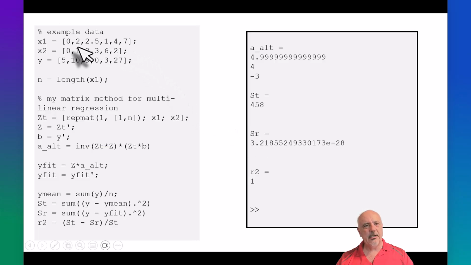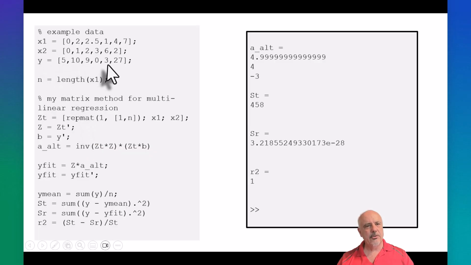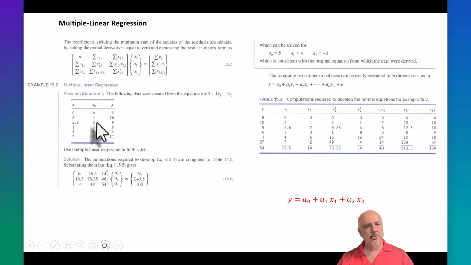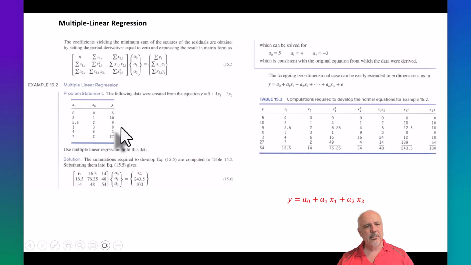So I took the data that they gave me, the X1 is 0, 2, 2.5, 1, 4, 7, and my X2 is 0, 1, 2, 3, 6, 2. My Y data is 5, 10, 9, 0, 3, 27.